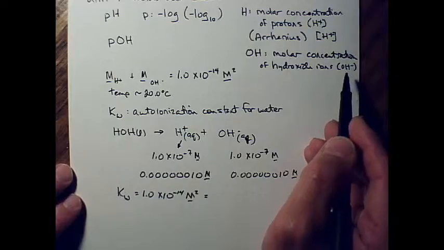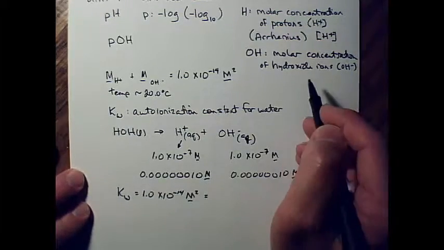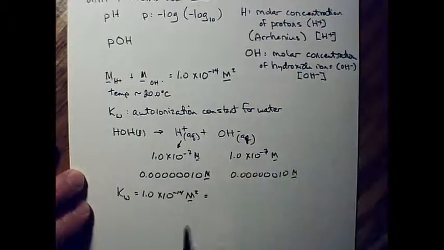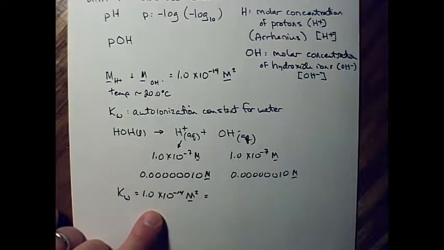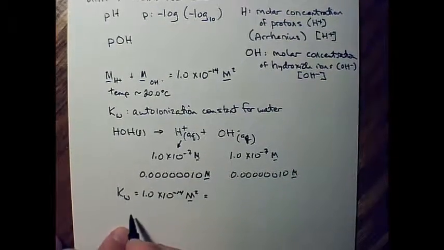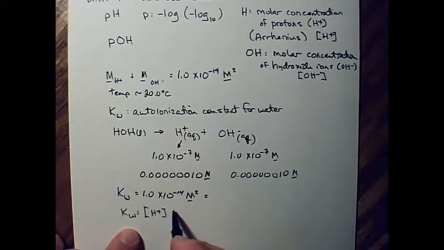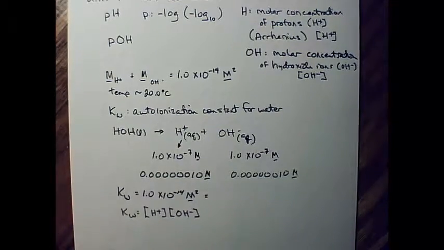How would you symbolize the molar concentration of hydroxide? Brackets around it. And so we can write this as Kw equals the molar concentration of hydrogen ions multiplied by the molar concentration of hydroxide ions.